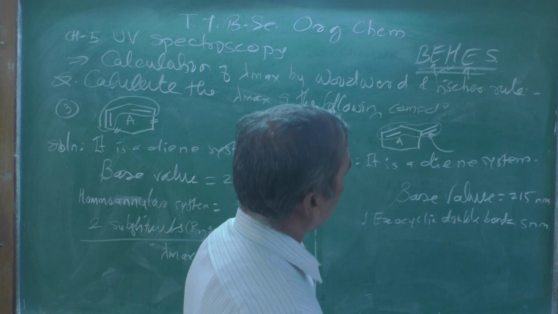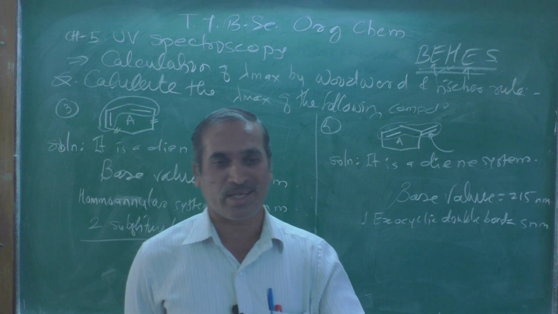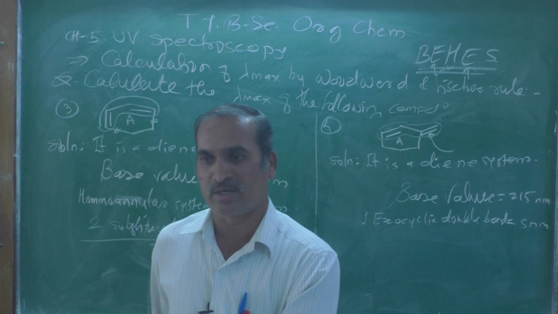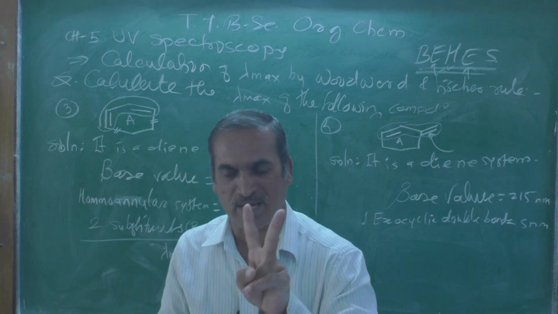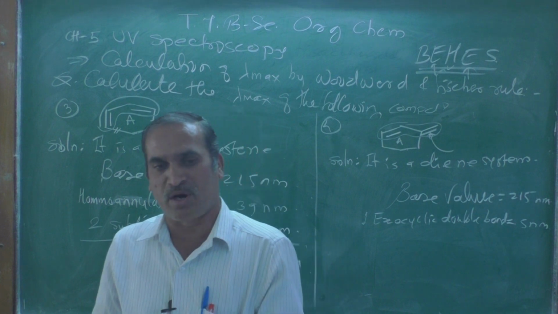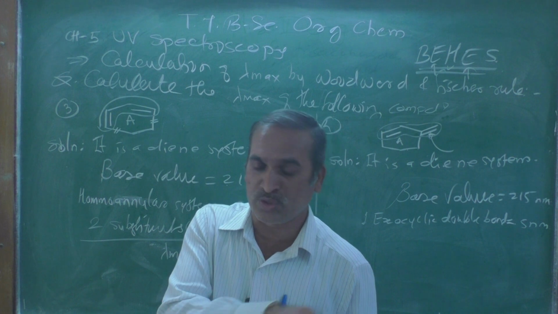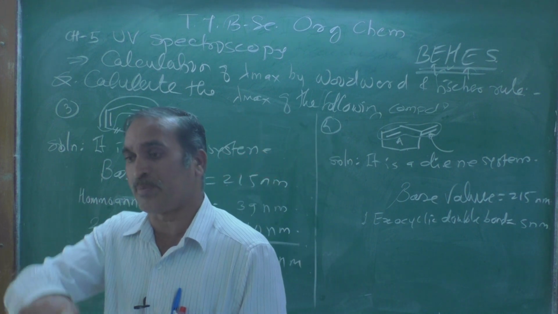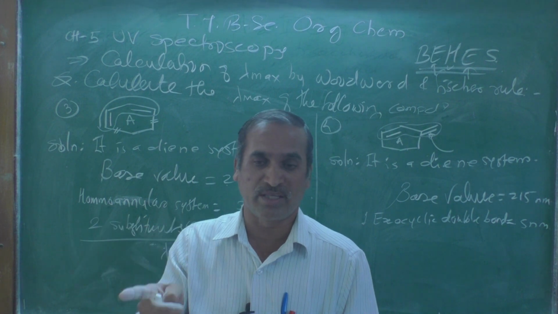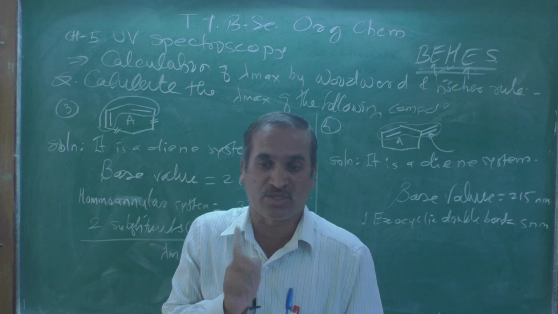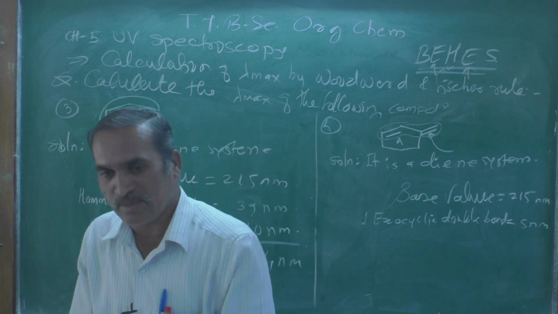Now the next one, E means extended conjugation, and as we know, extended conjugation means what? In addition to the diene system, where there are two carbon-carbon double bonds separated by one single bond, if an extra double bond is present, 3, 4, 5 like this, but in conjugation, then it is considered an extra double bond.